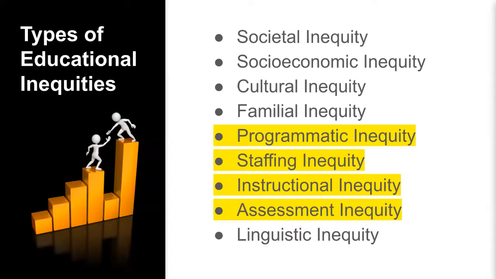Programmatic inequity is where school programming is set up in such a way that there is not access for certain students. As mentioned earlier, an example would be students of color being underrepresented in honors, AP, and IB courses.